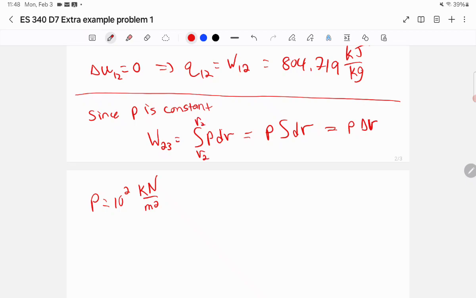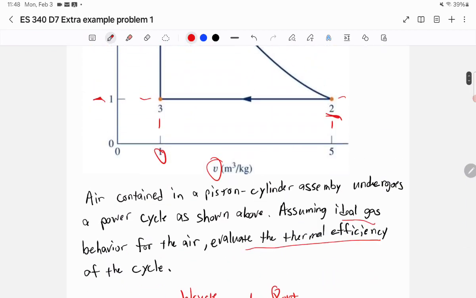Should be V2 to V3, which is equal to P times V3 minus V2. So I should come out with a negative value here. So we know that this is going to be 10 squared kilonewtons per meter squared times, well, let's go up here.